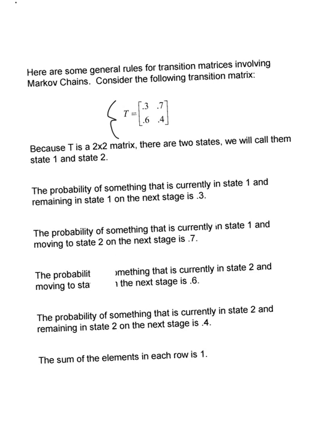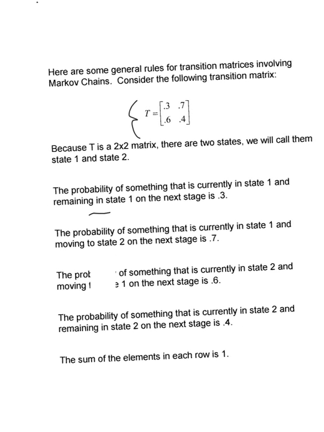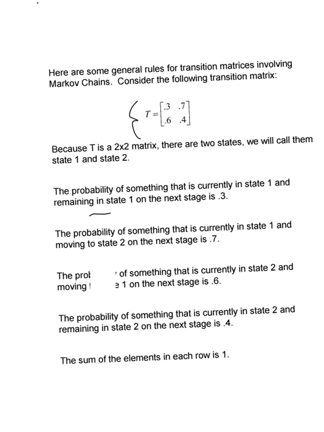Like the 0.3: it's the probability that something currently in state 1 remains in state 1 on the next stage is 0.3. You can see there's the 0.3 up there, and you can look at all the rest of those. So this is a good reference page to know. Like I said, you might screenshot this; it would be a good idea.